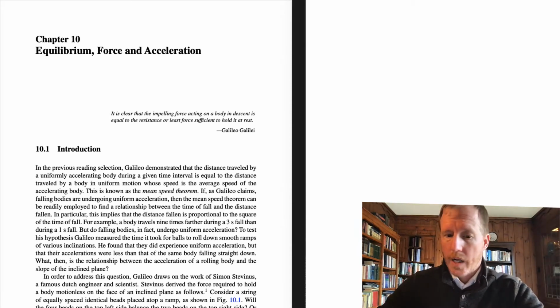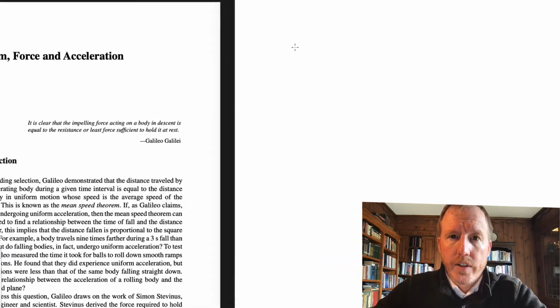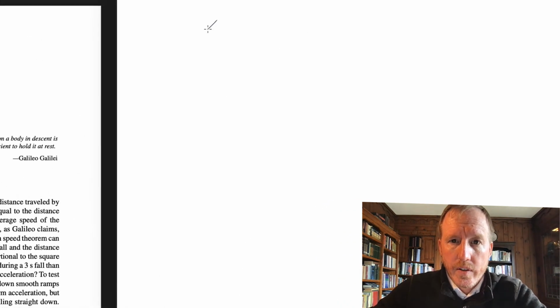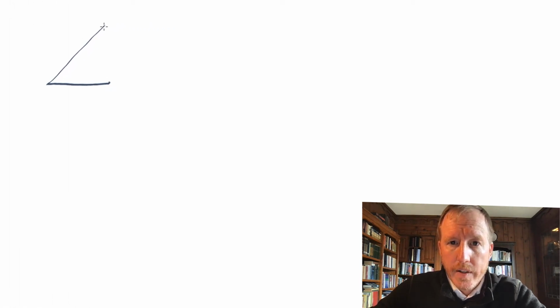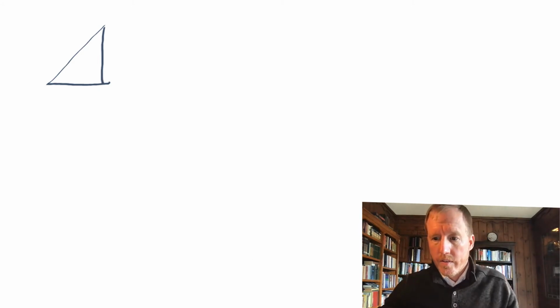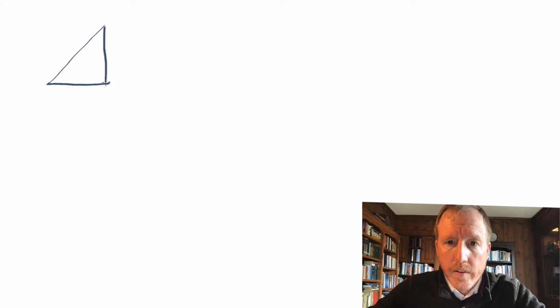So let me set up the problem in this way. Let's suppose that we consider two ramps side by side. One we will call the left ramp, and one we will call the right ramp. And these two ramps, we'll say, have different slopes.